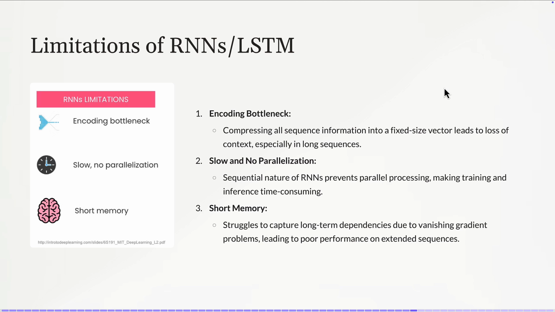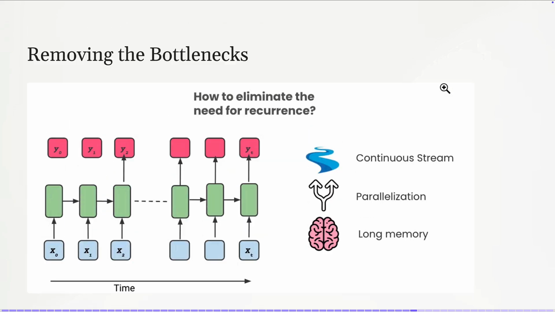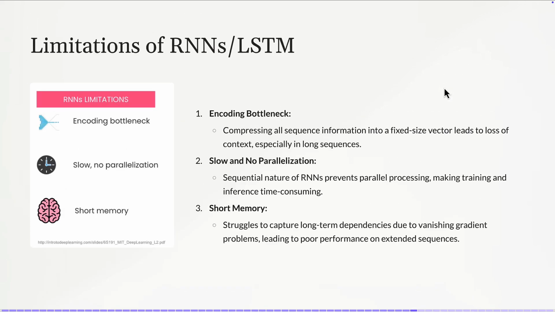So the research community was looking for alternatives on how we can parallelize, how we can train, how we can speed up the inference time, and how we can extend the memory. The biggest problem was the memory. Yes, is self-attention more costly in terms of money?